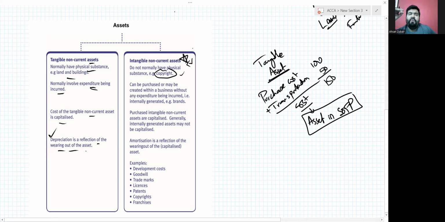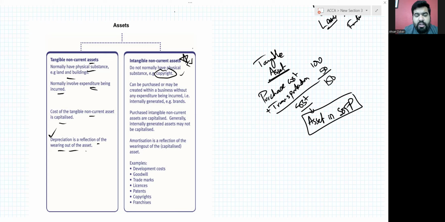Because you have something special, no other person can use your content. It is used in the business and will create future economic benefit. Copyright has no physical substance, so that's an intangible non-current asset.